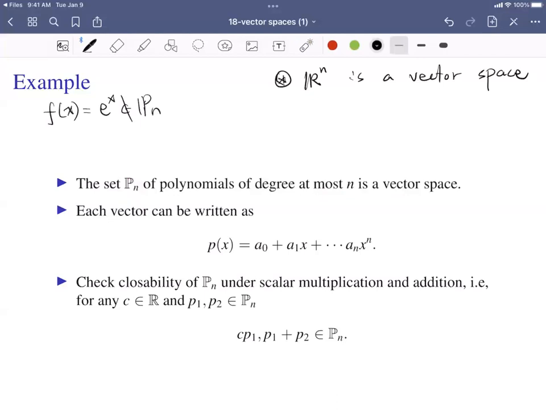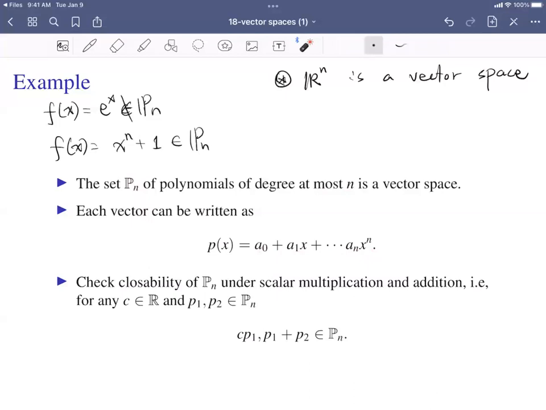But if you have something like f(x) equals x to the nth power plus 1, then this belongs to Pn. So Pn is a huge set which includes many, many functions. Now, every element in this Pn can be written in a canonical form, a0 plus a1x plus ... plus an x^n.